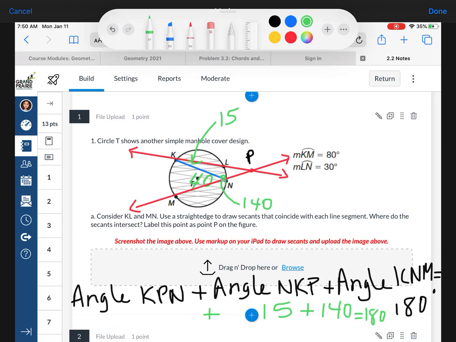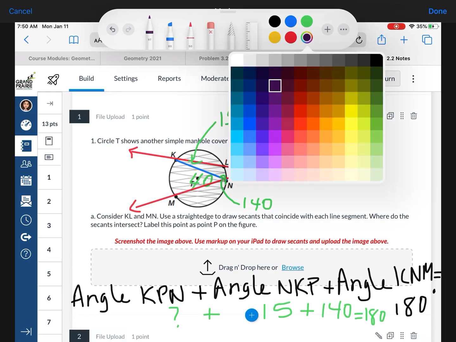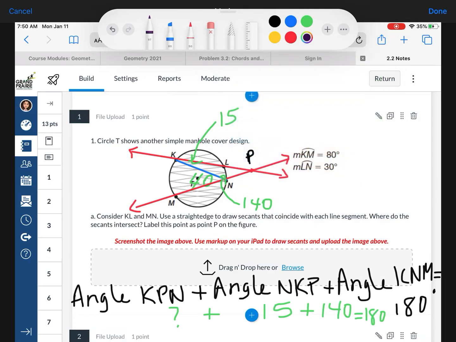And all of that has to equal 180, right? But we don't know this one. So we're going to solve for x. Let me write this up here so you can see. I'm going to say it's an x because we're looking for this x right here. Okay? So x plus 15 plus 140 equals 180, because it's a triangle.